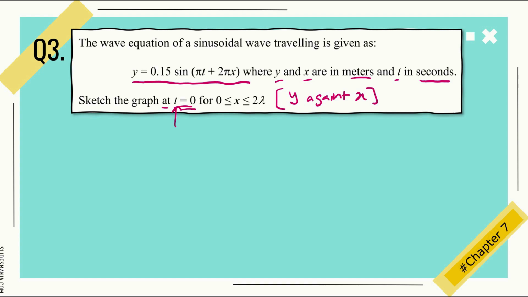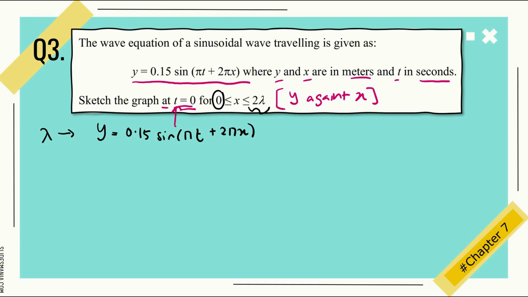For this question, the sketching must be from 0 to 2 lambda, meaning that we need to know the value of lambda of this wave. So how do we get the value of lambda? From the equation. We have y is equal to 0.15 sine (pi t plus 2 pi s).